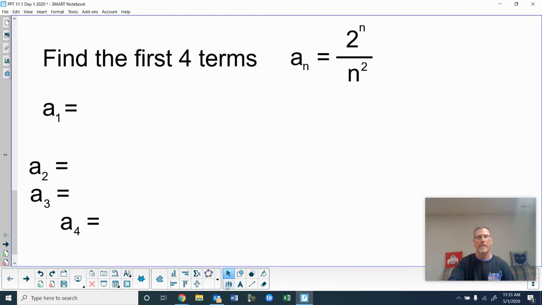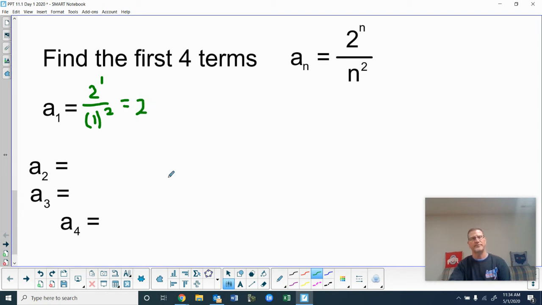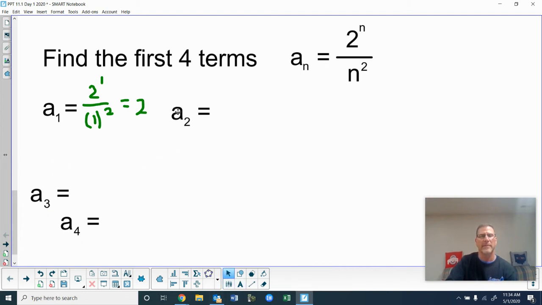So let's change colors. This would be 2 to the first, because n is 1, over 1 for n squared, which would be 2 divided by 1, or 2. Second term, a sub 2, would be 2 still.